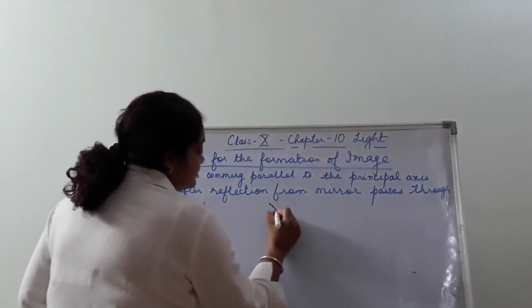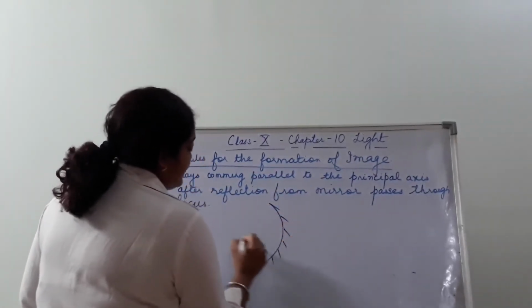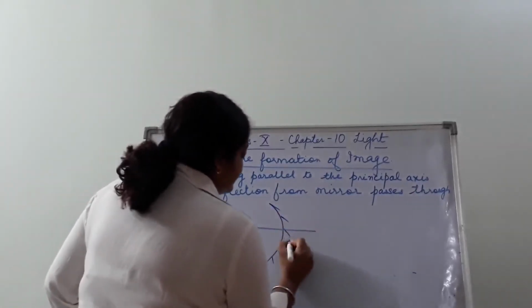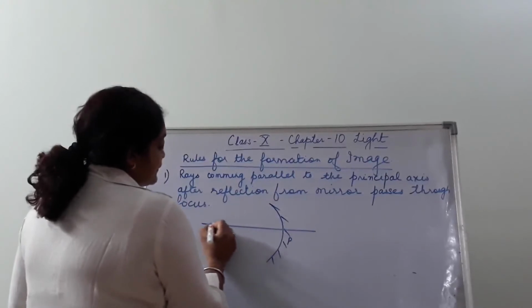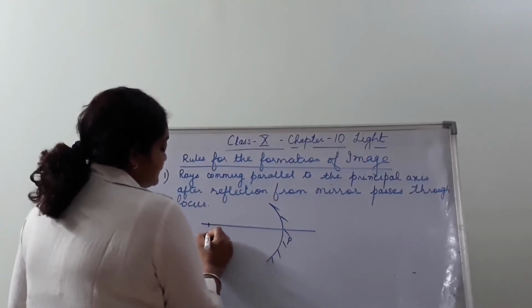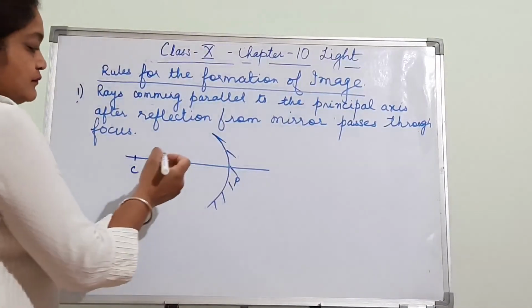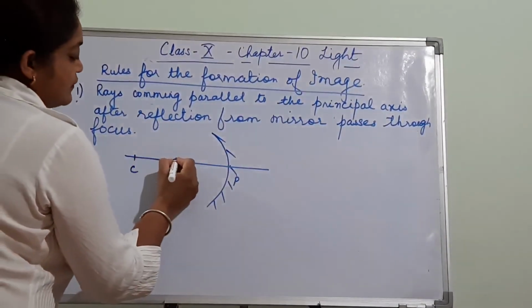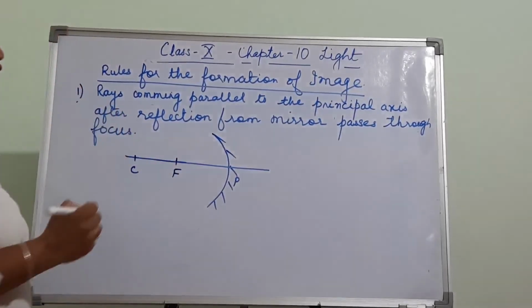Let us see. So this is a concave mirror, this is the pole, this is the principal axis, this is the center of curvature, this is the focus.